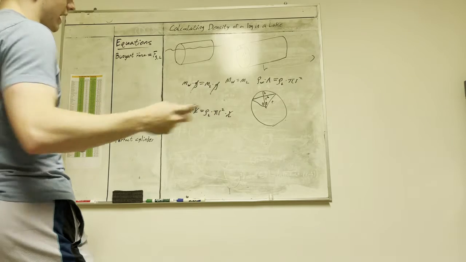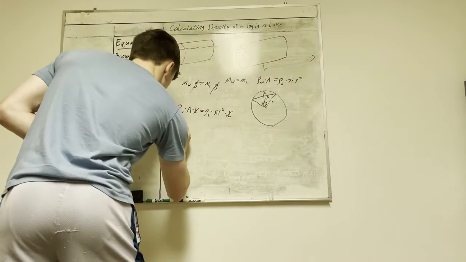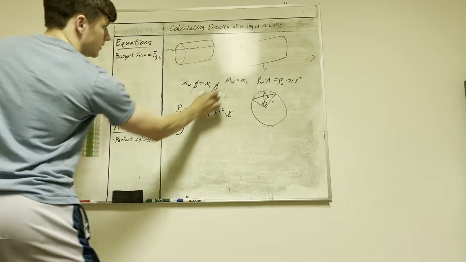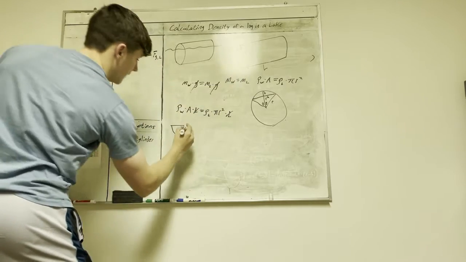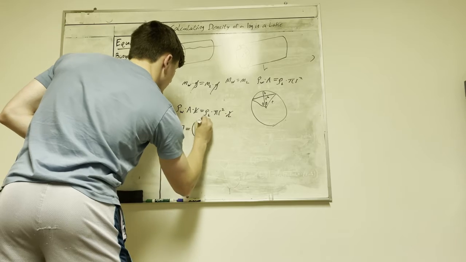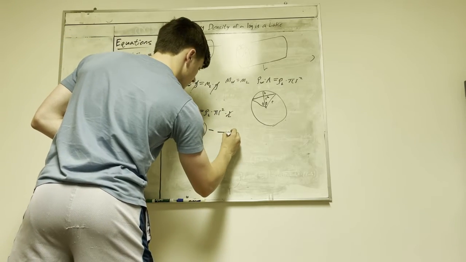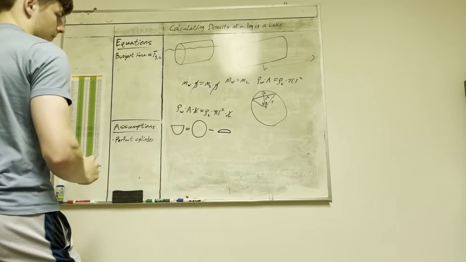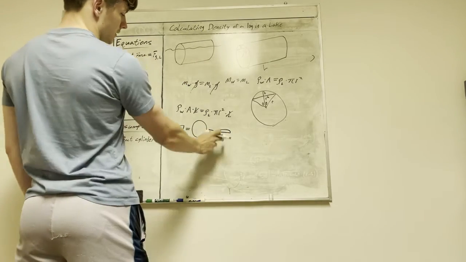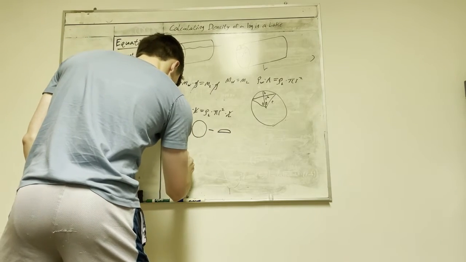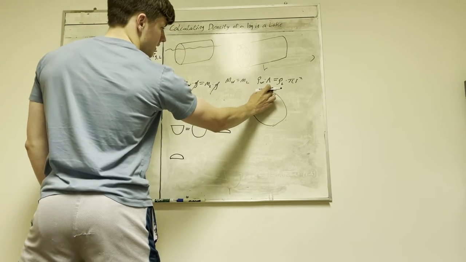What's really happening here is we are solving for this, which equals the total area of the circle minus this top part. But we don't know what this top part is equal to, so we've got to solve for that.